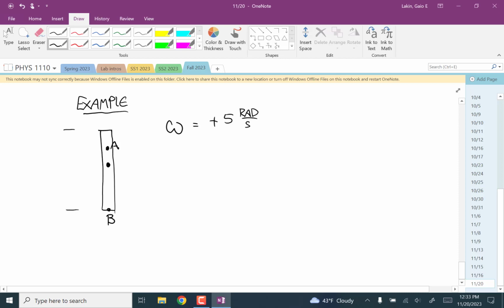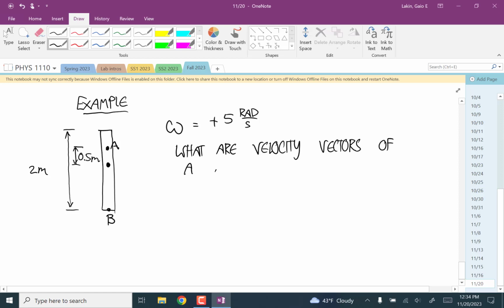I have to give some dimensions. Let's say this is 2 meters. This is half a meter. The about point is right in the middle. What are the velocity vectors of the points A and B?